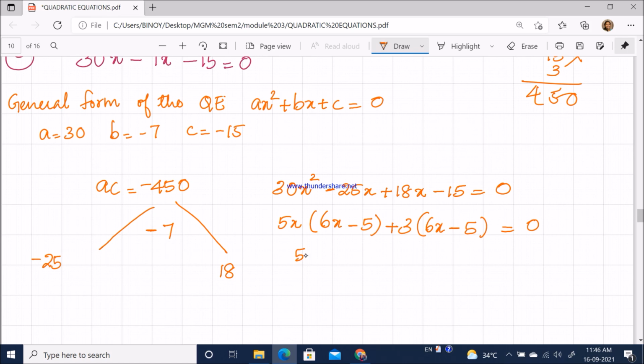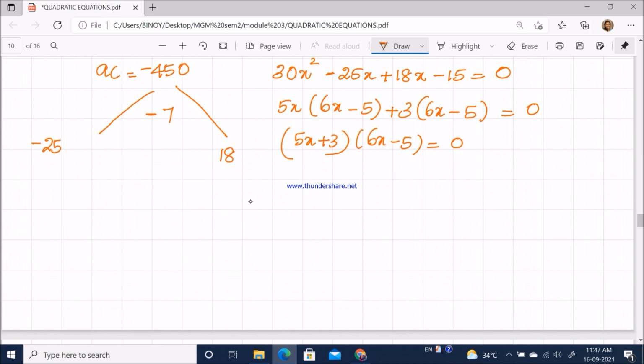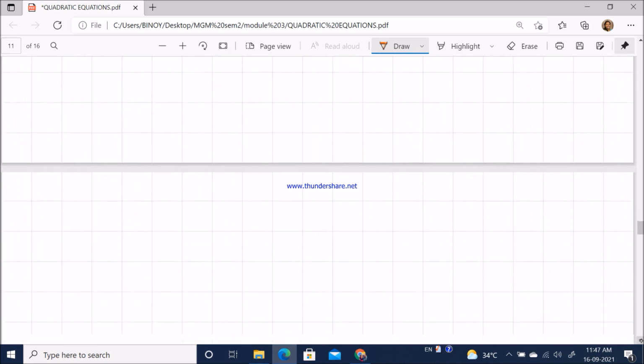So it is (5x plus 3) and (6x minus 5) equals 0. So these are the factors. If we are asked to find the roots of an equation, x should be minus 3 by 5 or 5 by 6. Okay, this is how we have to do the factorization method.